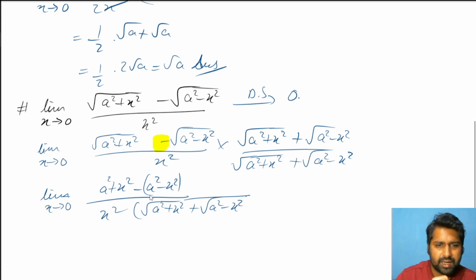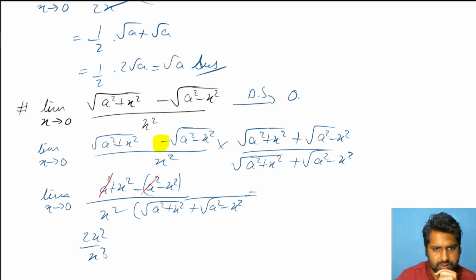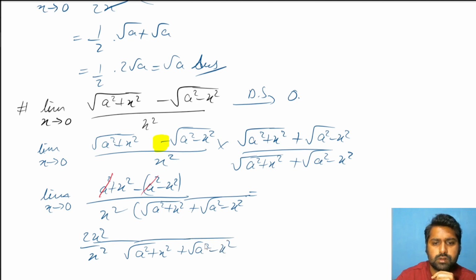So if you open this bracket, a square will cancel, and x square will become plus x square, so 2x square. So again it becomes 2x square upon x square, and the denominator is the same.